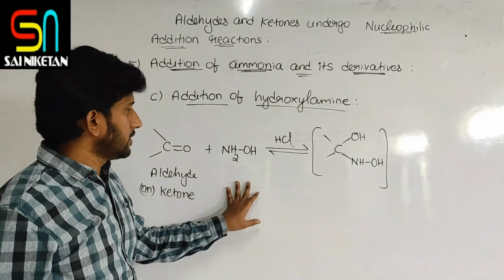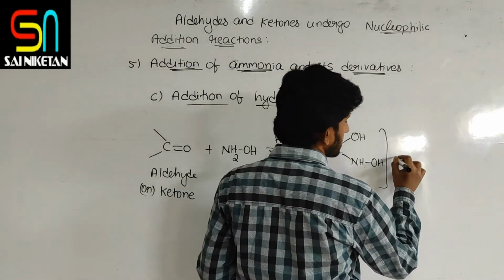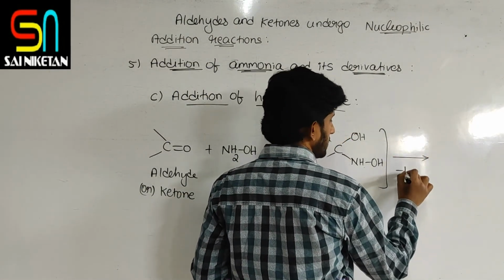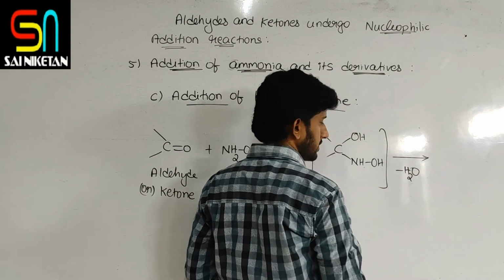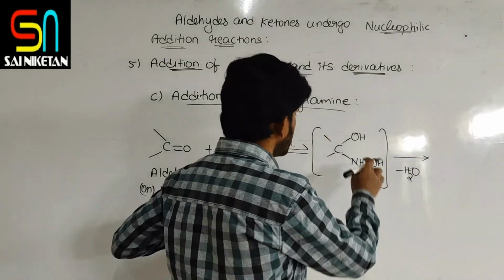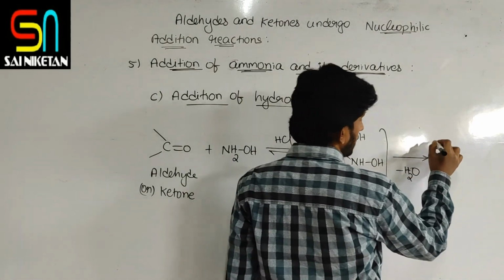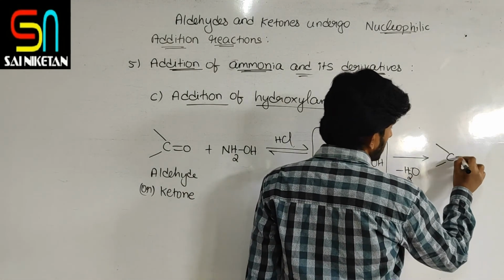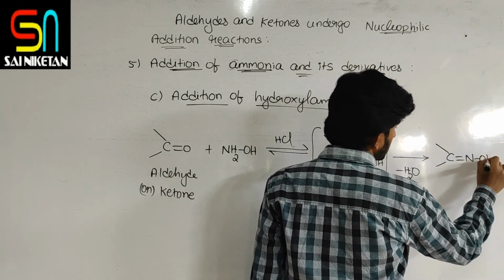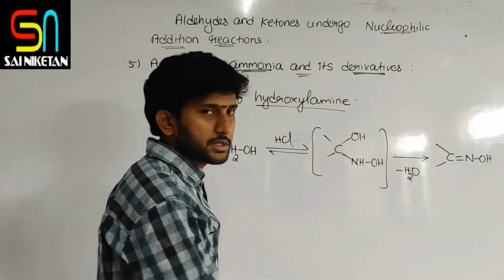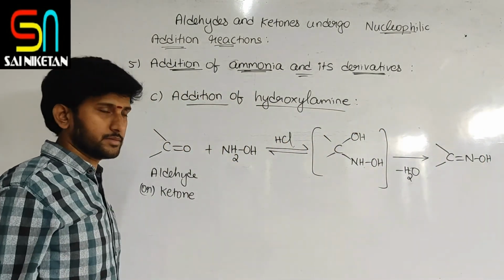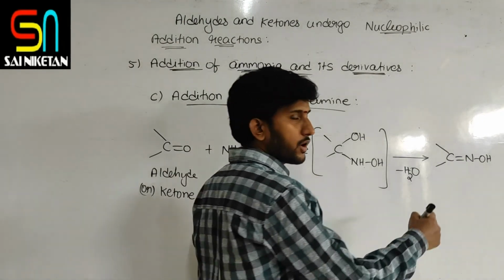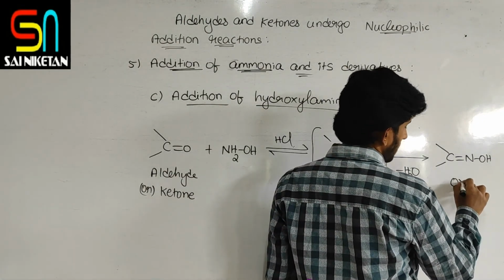Okay. After addition, this intermediate again it removes water. When water is removed, so here one OH and H is removed, and it results in C double bond N OH. Okay. Such type of compounds are called as oximes.